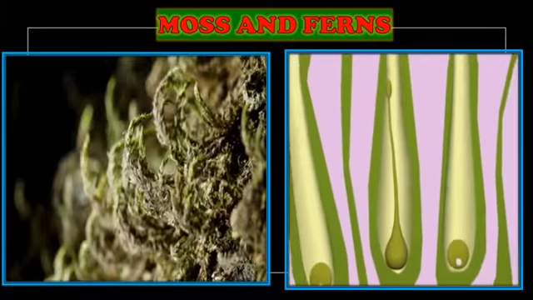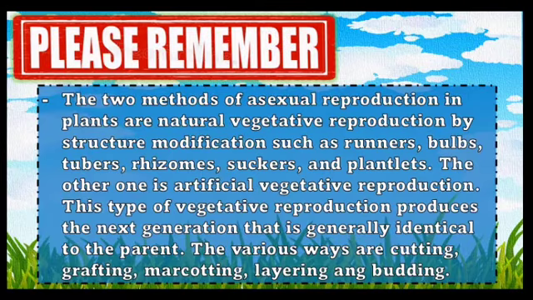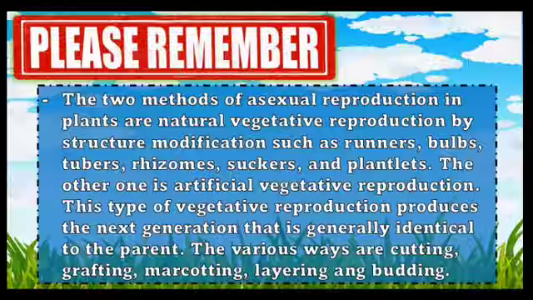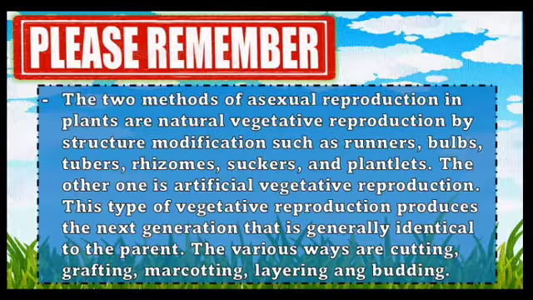Okay. So this time, please do remember that the two methods of asexual reproduction in plants are natural vegetative reproduction by structure modification such as runners, bulbs, tubers, rhizomes, suckers, and plantlets. The other one is artificial vegetative reproduction, and this type produces the next generation that is generally identical to the parent.